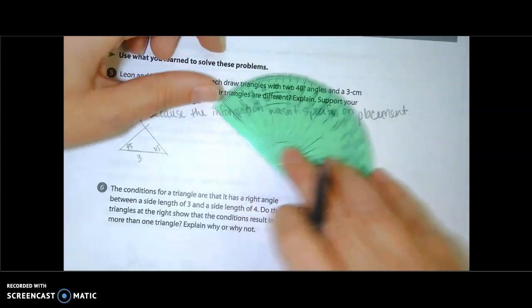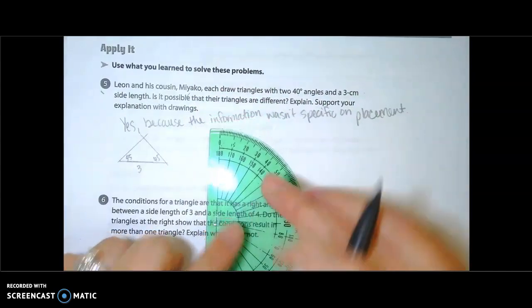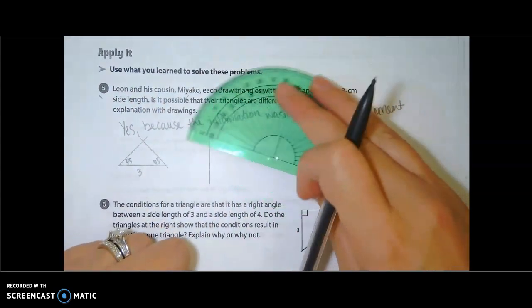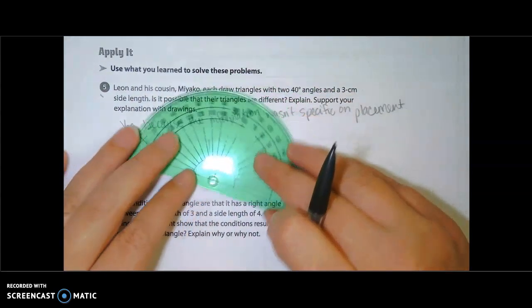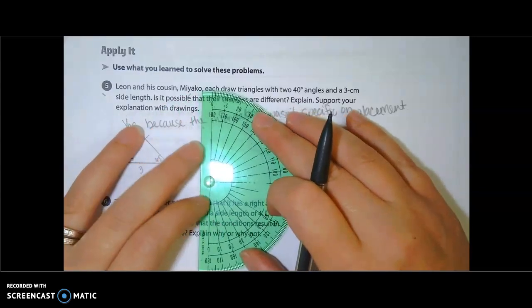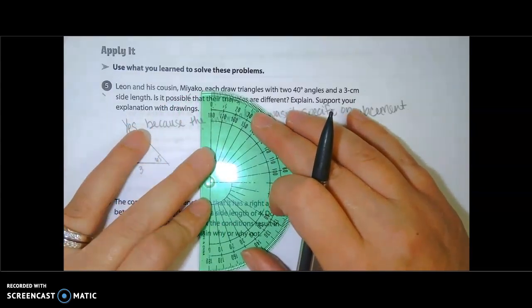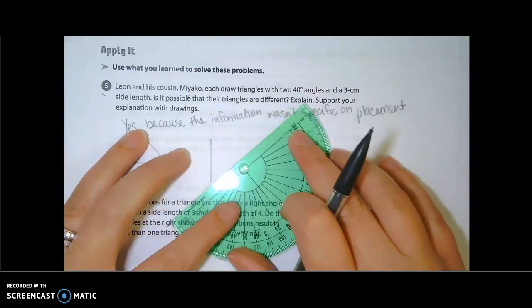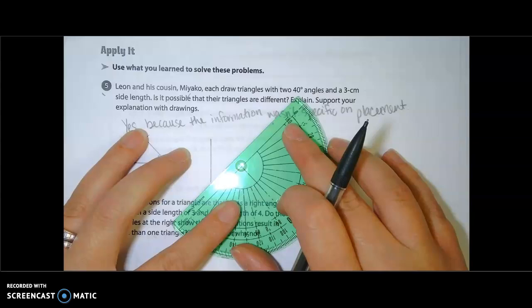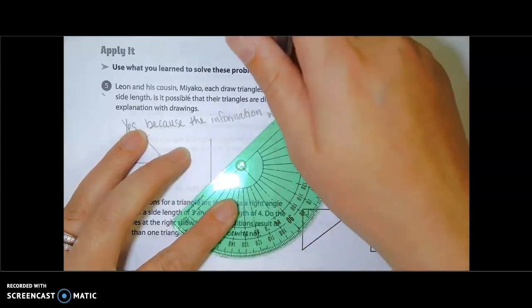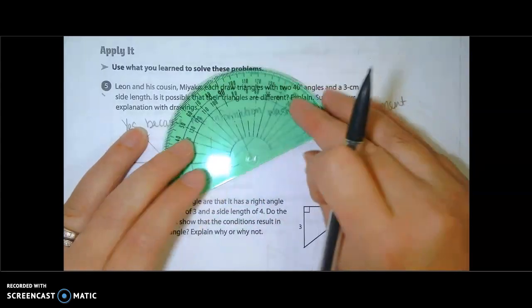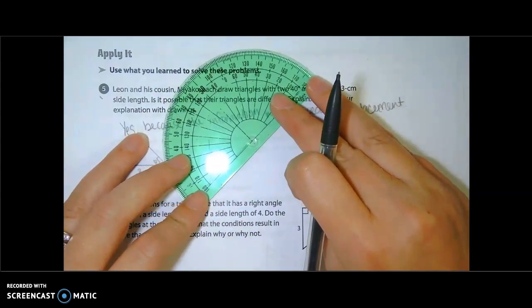I could draw my 3 centimeter side with a 45 on one side. So then there's one 45-degree angle, and then my other 45-degree angle off this line.